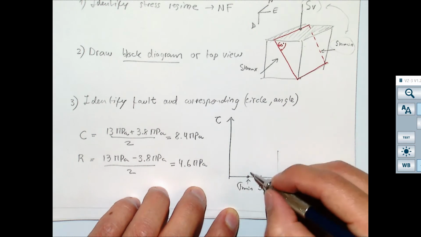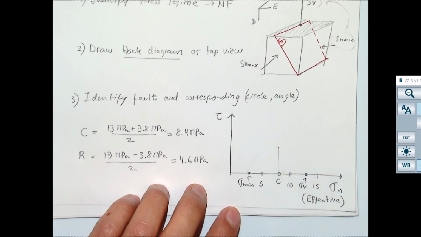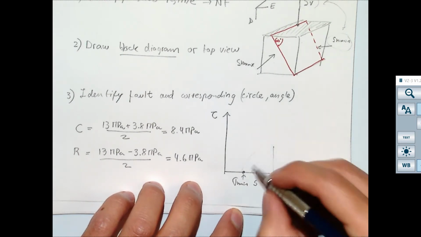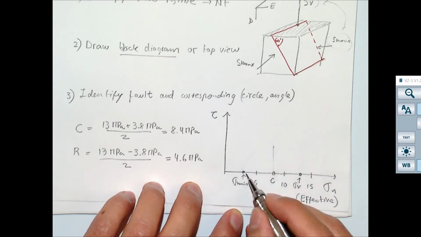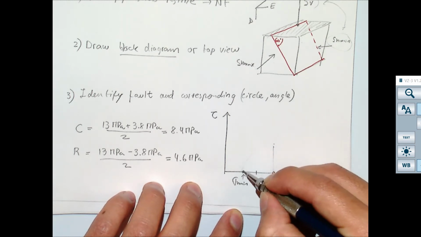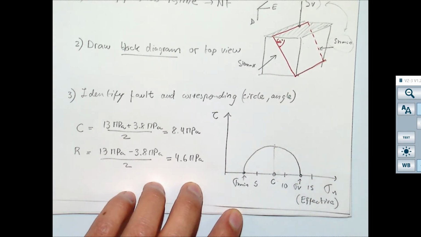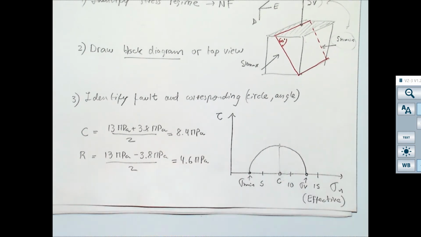And this is the radius. I give you a hint to draw circles without any other tools than just your hand. You just draw the radius and then just connect the dots and you'll get an okay circle. All right, so here we have the center, we have the radius.